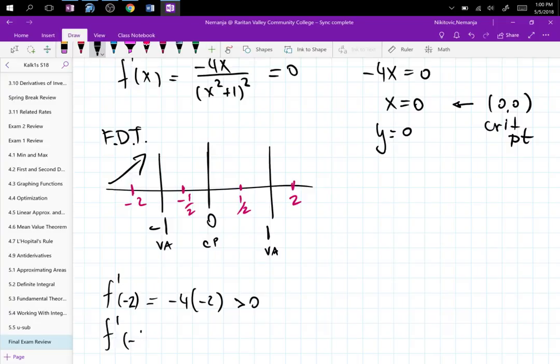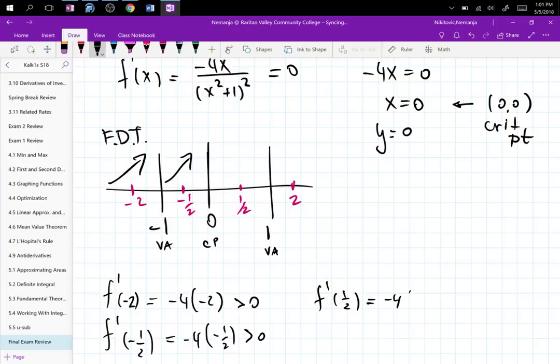First derivative at negative 1/2, it's negative 4 times negative 1/2. That's also larger than 0, goes up. First derivative at positive 1/2 is going to be negative 4 times positive 1/2, which is negative 2, which is decreasing.